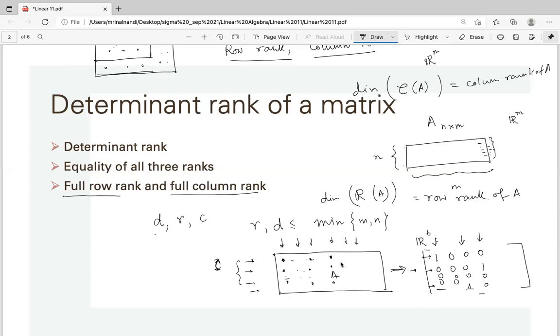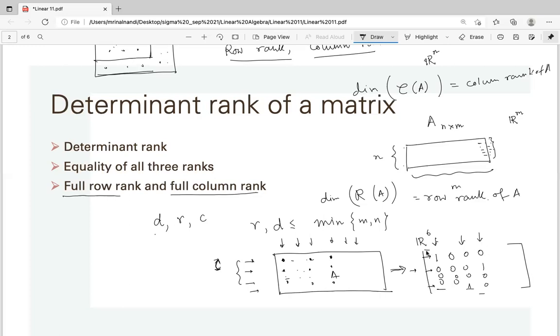So that gives the idea: if a 3 cross 3 determinant is non-zero, then after row reduced echelon form there is a 3 cross 3 non-zero matrix which gives 1 0 0, 0 1 0 and 0 0 1 in some order, and you never get more than that. If there is no 4 cross 4 submatrix with non-zero determinant, then after row operations we can never get a 4 cross 4 non-zero determinant.